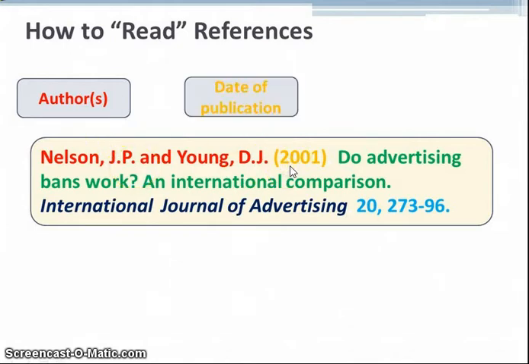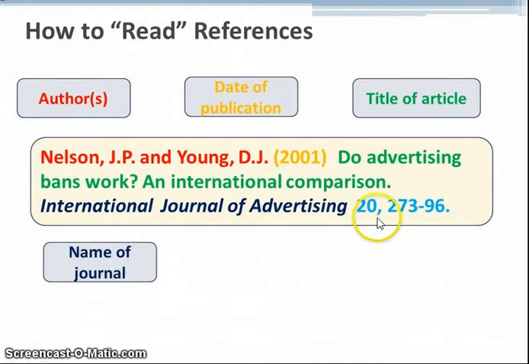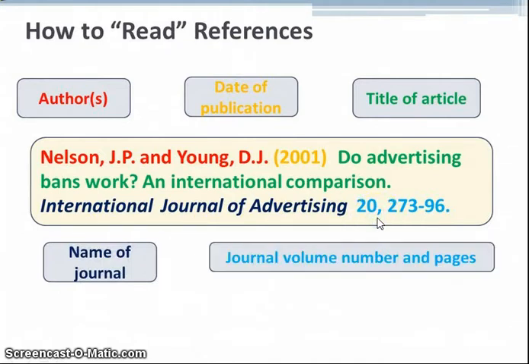That's our date of publication. And then we have, Do Advertising Bans Work? An International Comparison. This is the title of the article. And then we go in, International Journal of Advertising, right? That's the name of the journal. And these numbers here give us the journal volume number and pages, where we can find it, what volume, and on what pages.